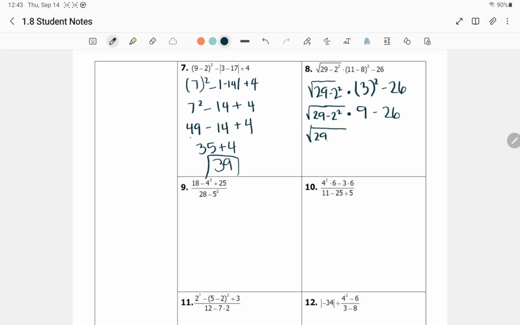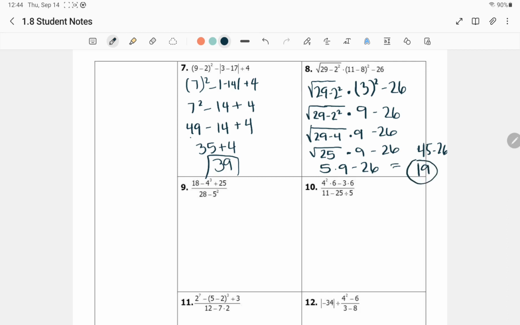So 29 minus 4 times 9 minus 26. 29 minus 4 is 25 times 9 minus 26. All right, the square root of 25 is 5 times 9 minus 26. All right, would equal 5 times 9 is 45. So we have 45 minus 26, which would give us 19.